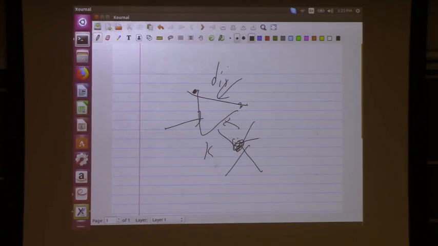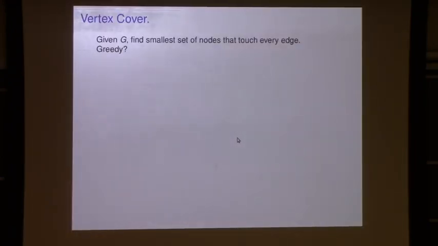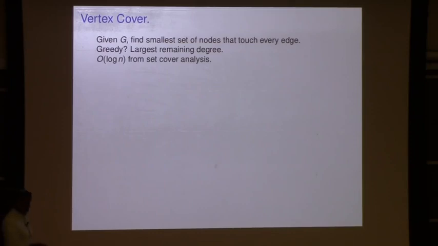So you can imagine what might be a reasonable heuristic. Pick the vertex with largest degree. We know already that's a pretty good algorithm. We can prove a bound on that. We know that's O(log n) from the set cover algorithm. If there are k vertices that cover the rest of your graph, then at least one of them must cover the remaining number of edges over k.